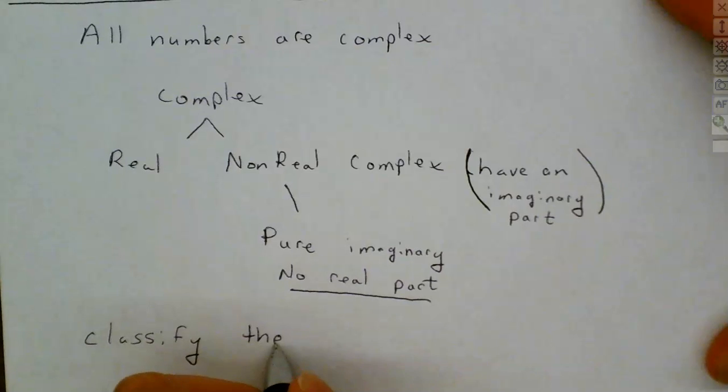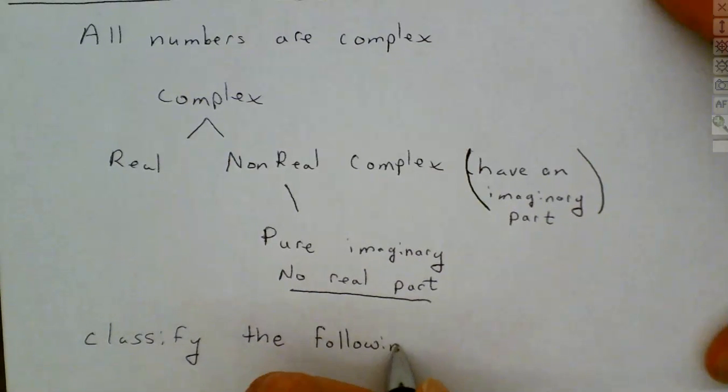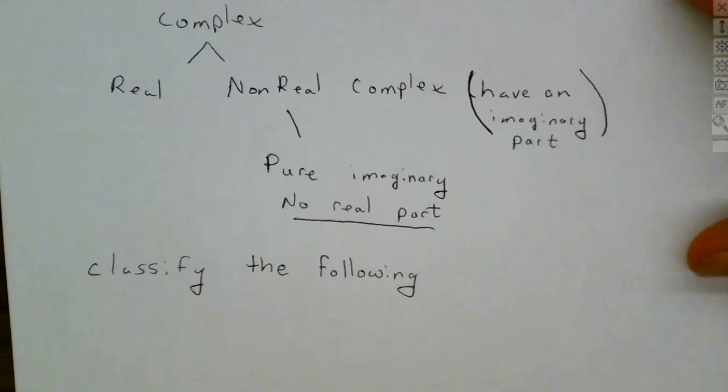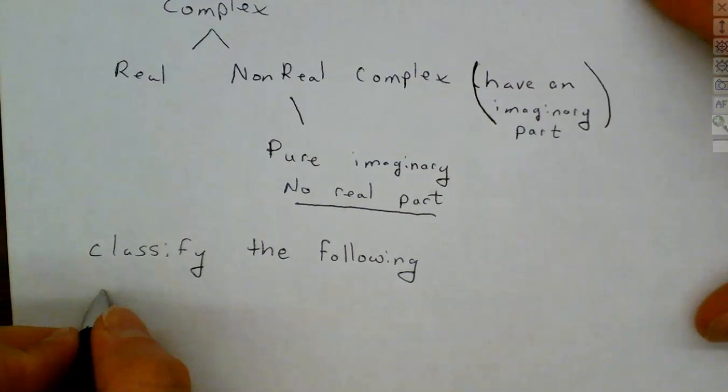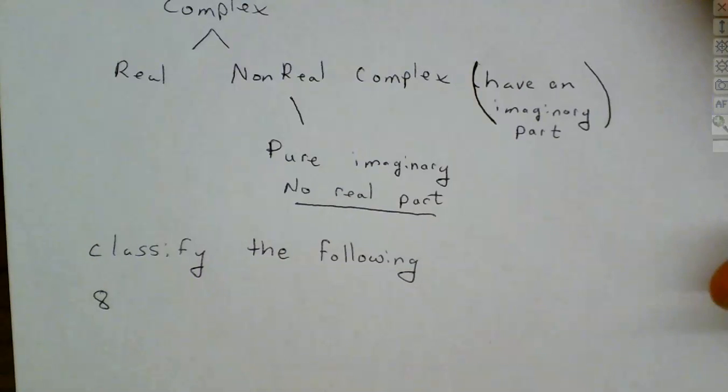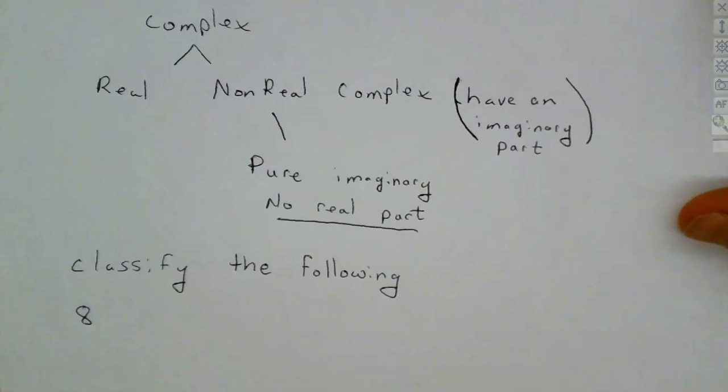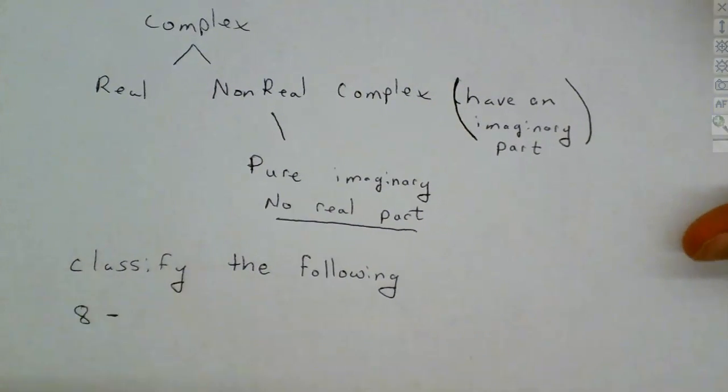So we're going to classify the following. Eight. So let's look at 8. Is 8 real or non-real? What I mean by non-real is it has an i. Does 8 have an i anywhere near it at all? No. So 8 is real.